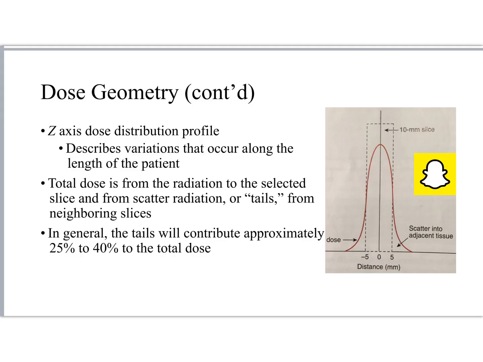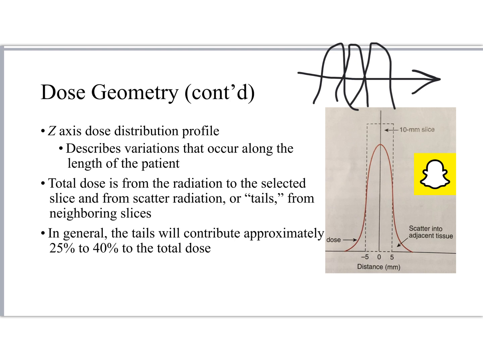All right, there's an additional way that we need to think about the dose geometry, and that's why I've included this goofy Snapchat image here. It does this weird ghost thing as we're looking at it along the z-axis. So we're just kind of looking at the axial slice. Now we're thinking about the patient actually traveling through the exam tube, and as the CT tube rotates around the patient, we're getting these dose distributions that kind of tail one into the other.